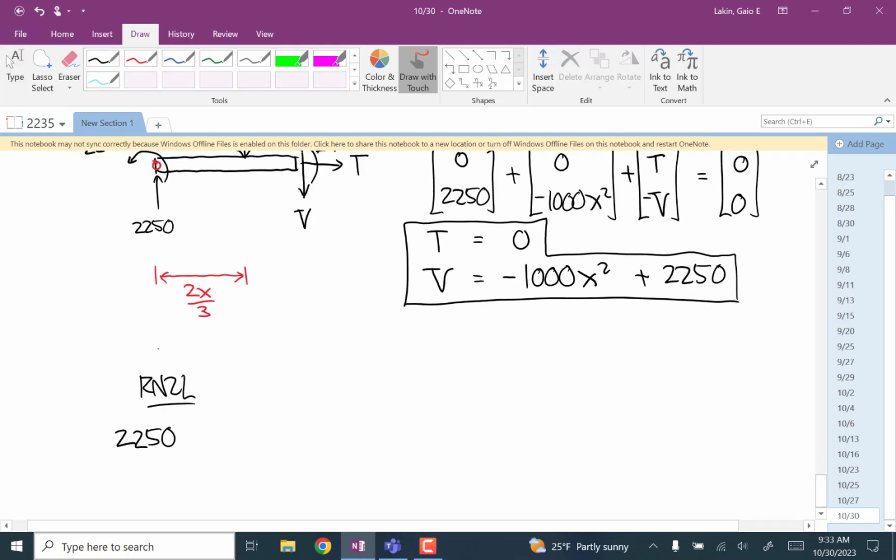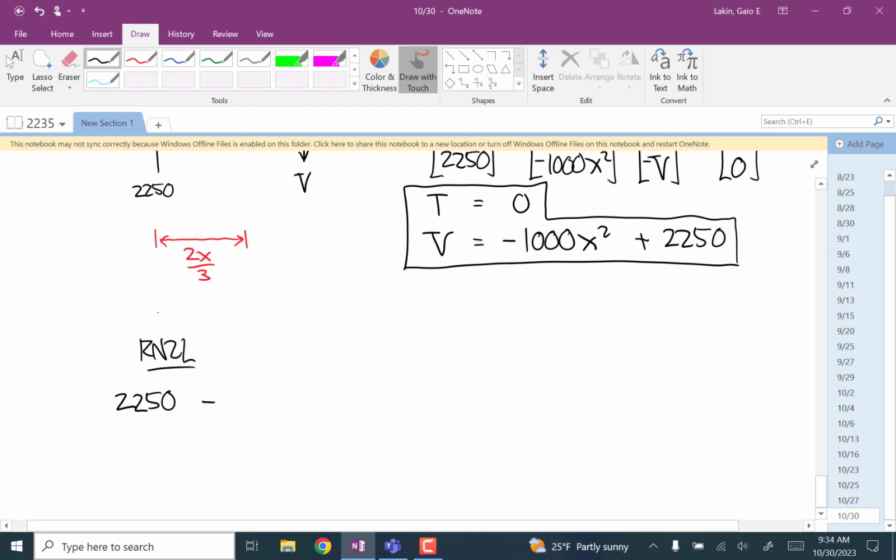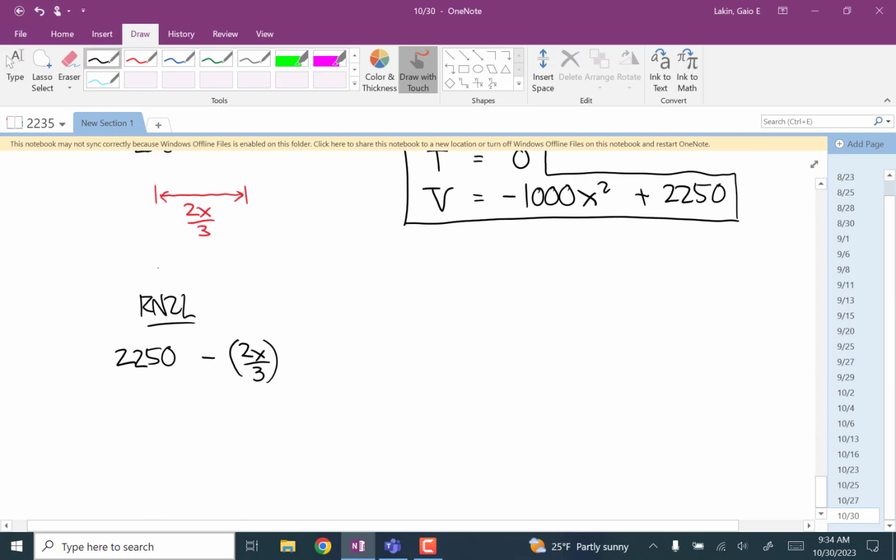That is a clockwise moment, so we have minus 2x over 3 times the force of 1,000x squared. Then we have plus m minus vx is equal to 0.